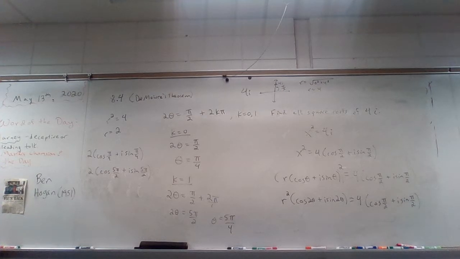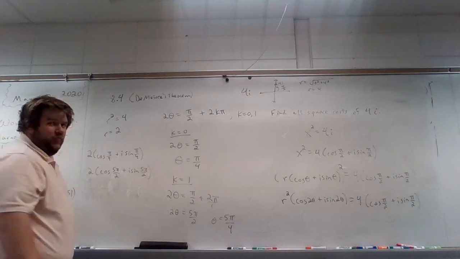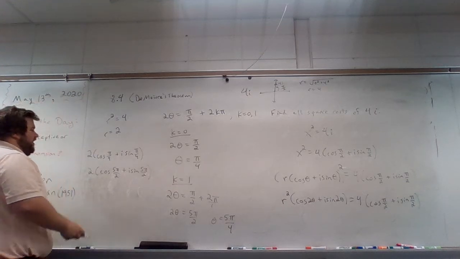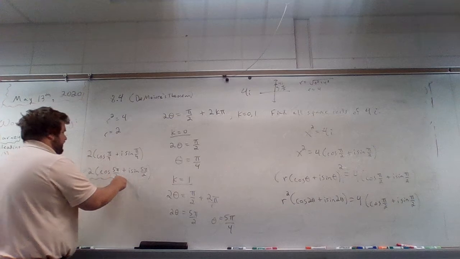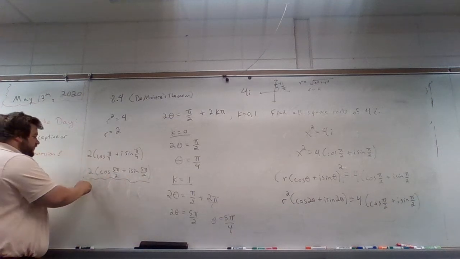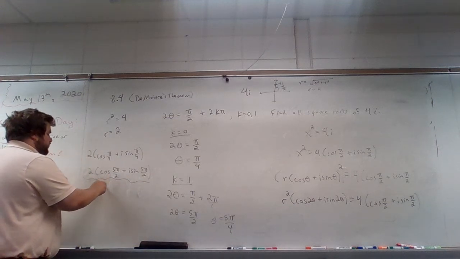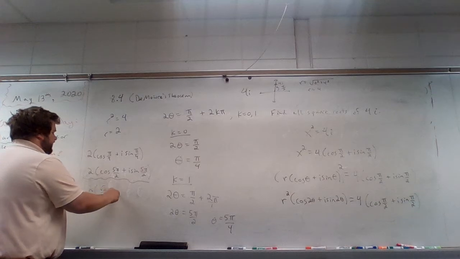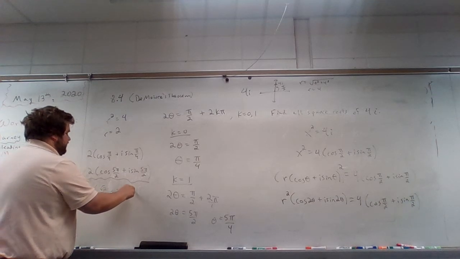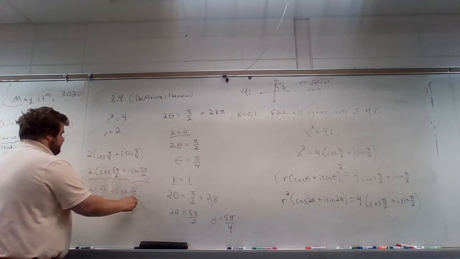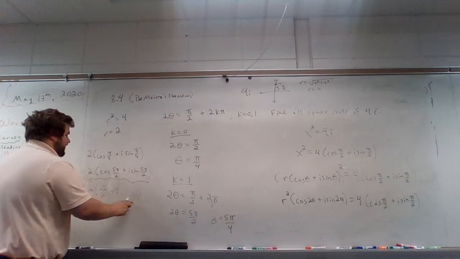Now, typically, we would go ahead and write those in rectangular form, depending on what we want to do. So maybe I write these in rectangular form instead. And in that case, this first one would be root 2 over 2 plus i root 2 over 2.